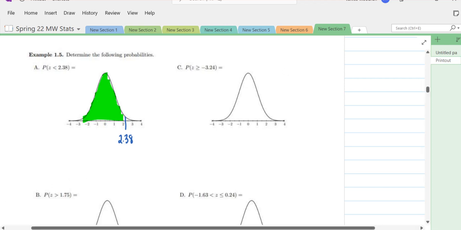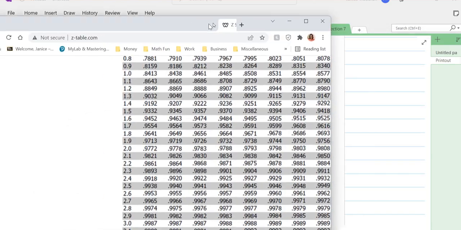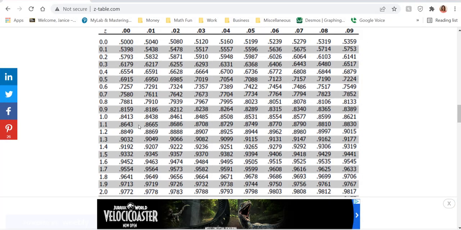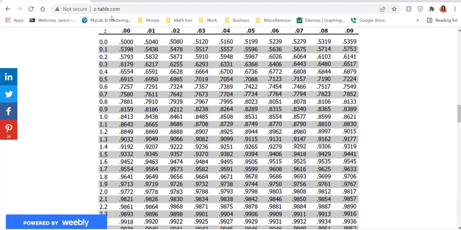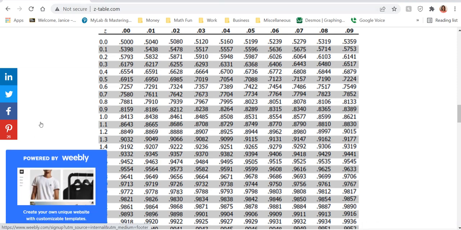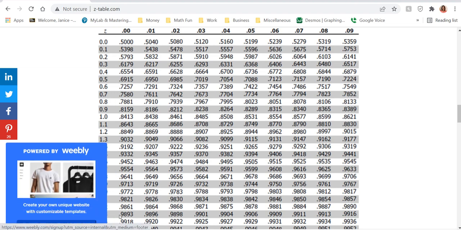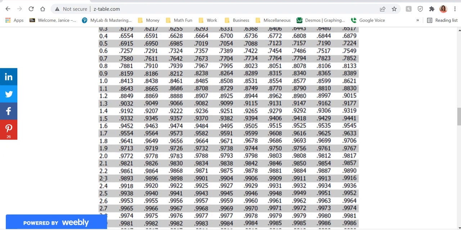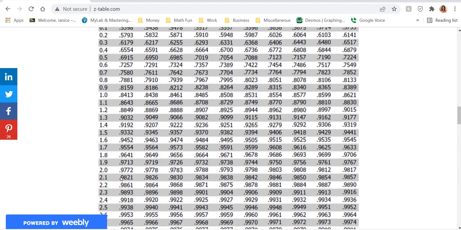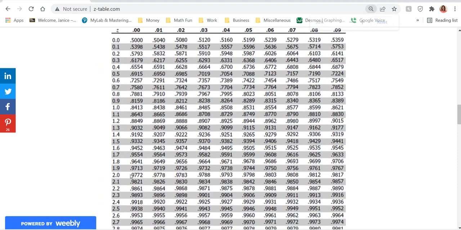So if I bring over my z table, I'm going to go to the positive table, and this is just ztable.com. I just typed in Google z-table and clicked the first one. Okay, you're going to go to 2.3, which is right here, and then you're going to find the corresponding value.